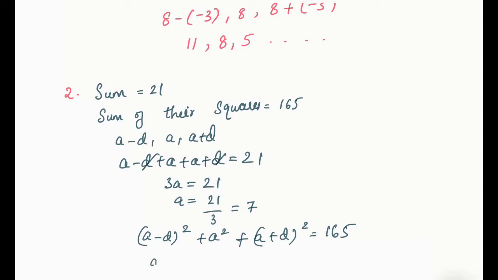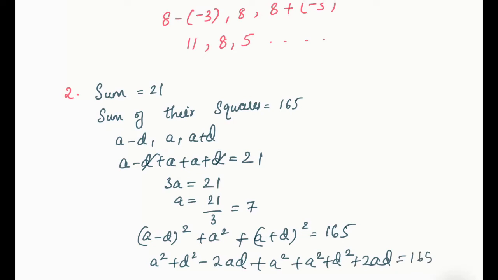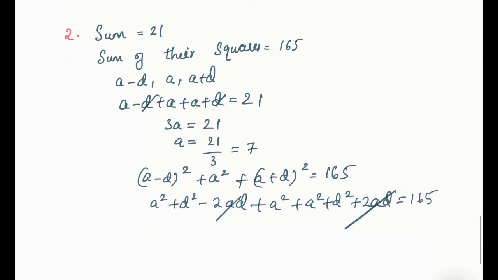So what is a minus d whole square? a square plus d square minus 2ad, plus a square, plus a square plus d square plus 2ad. Hope it's clear to you. We have used the a plus b whole square formula and the a minus b whole square formula. So plus 2ad and minus 2ad get cancelled here.